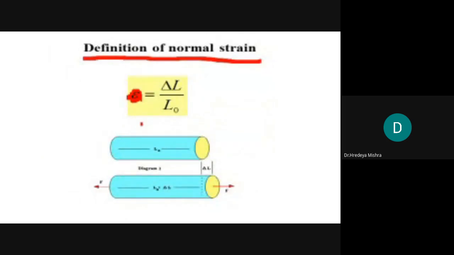It is delta L divided by L naught. What is delta L? Deformation, whatever the deformation, and L naught is the initial length.